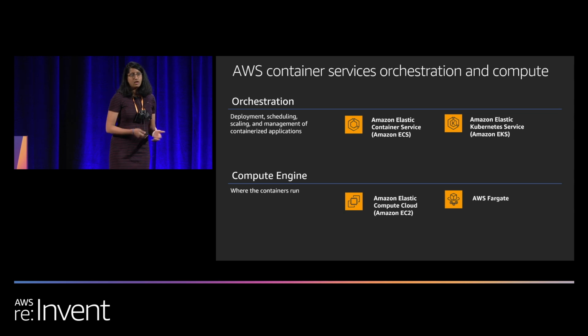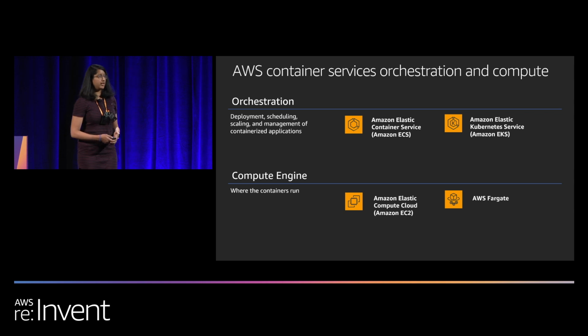However, if you say, I don't want to manage the infrastructure on my own, then you don't have to worry about that. We have the second option, which is AWS Fargate, which is fully managed, serverless. If you combine this with ECS, ECS manages your control plane, and Fargate manages your data plane. All you do is simply run your containers and pay for use.